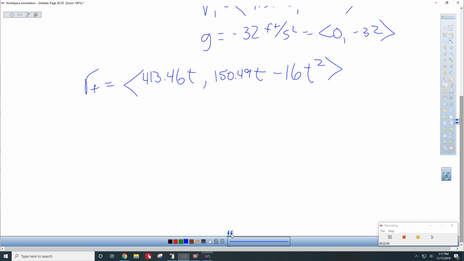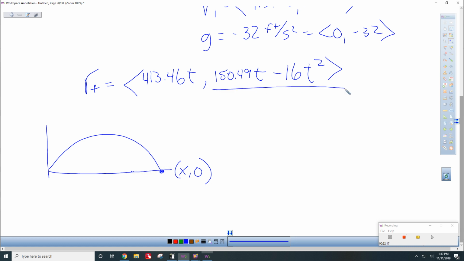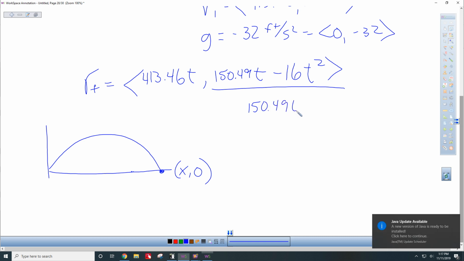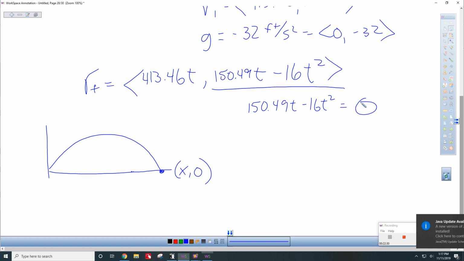We want to know how far does this cannonball launch. That is x comma 0. So what we're going to actually do is figure out where this thing equals 0. Okay? So where does 150.49 t minus 16 t squared equal 0?